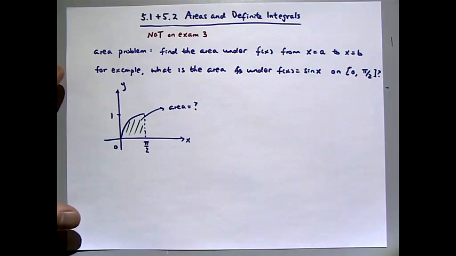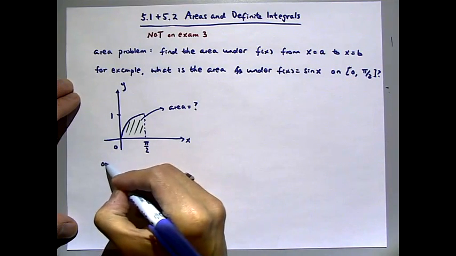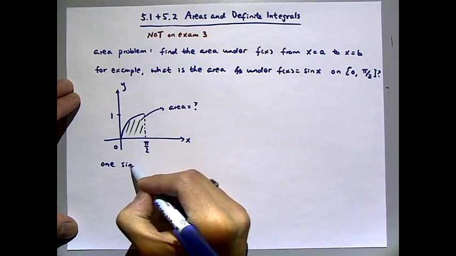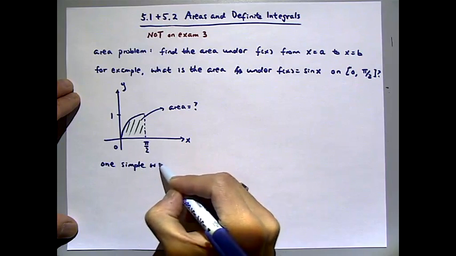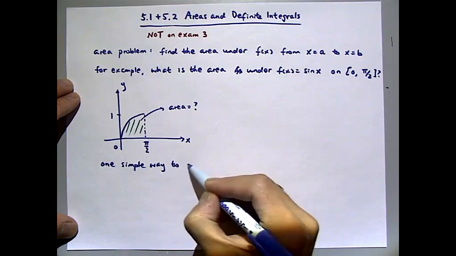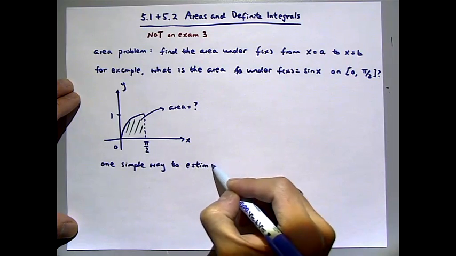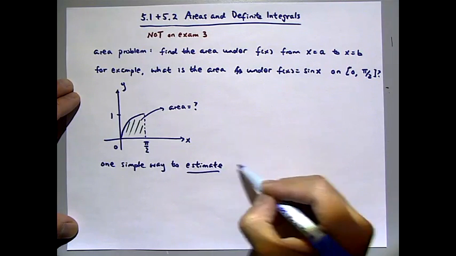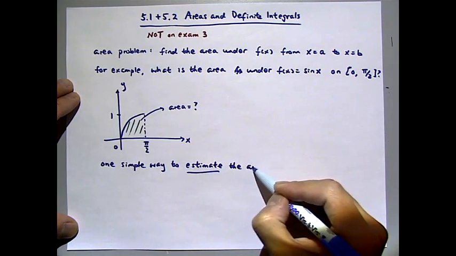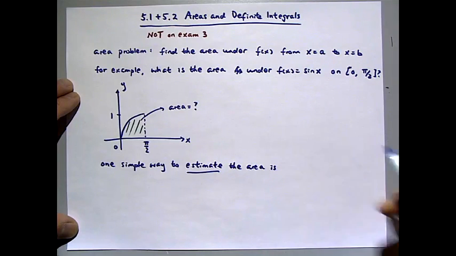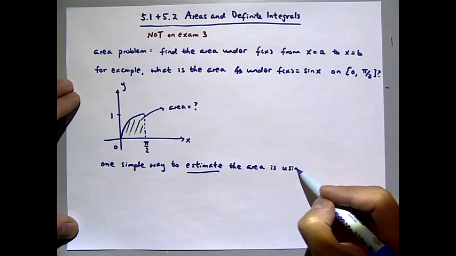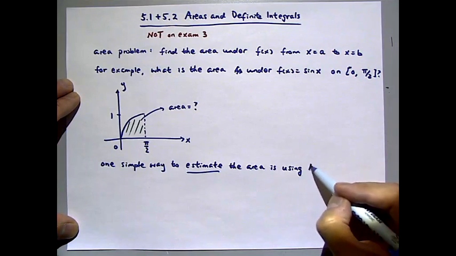Today, we're going to focus on the simple way to estimate this area, which is to use what's called a Riemann sum.